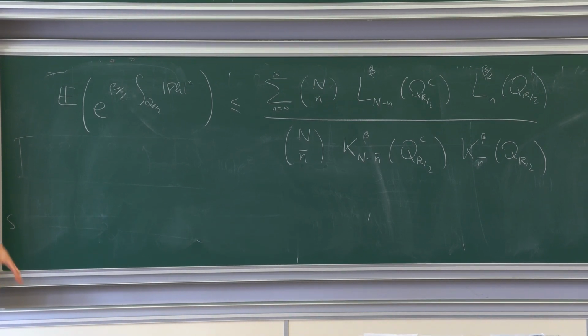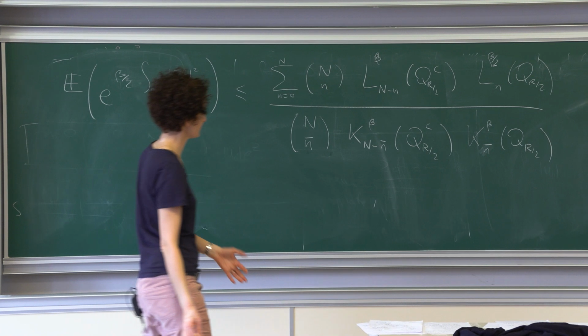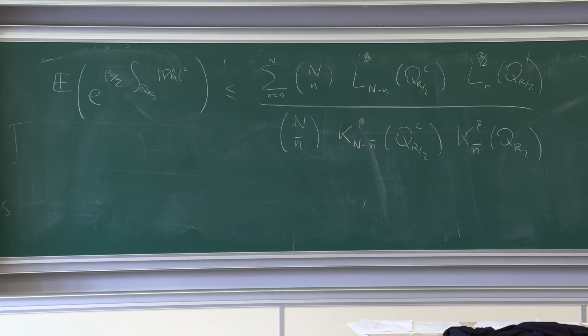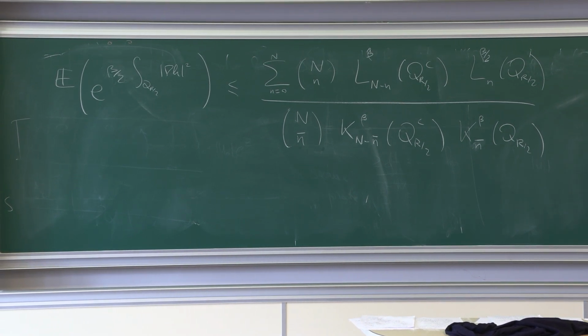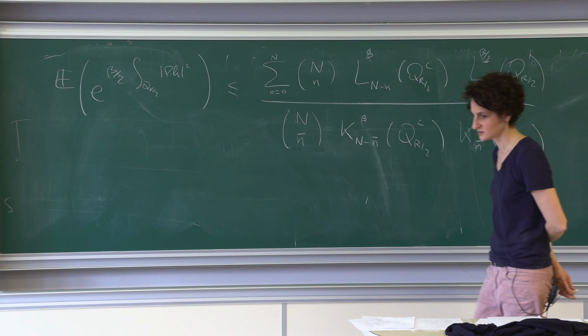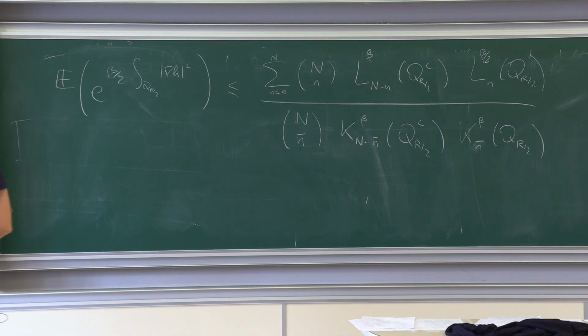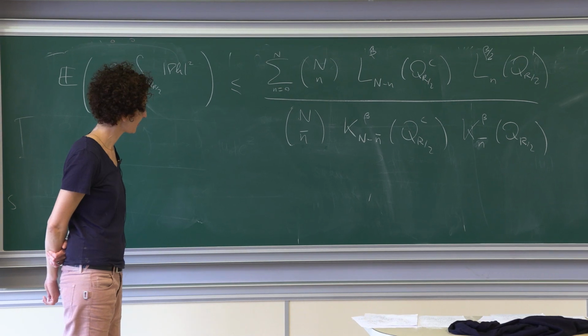Okay, so you split your events: how many points fall inside, how many points fall outside. You make a comparison with the Dirichlet problem or with the Neumann problem, and you find some big ratio like that. And I don't get it with n bar.